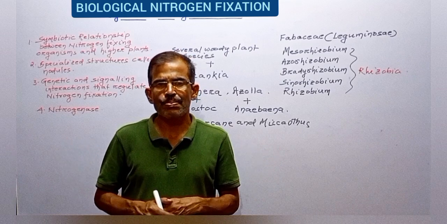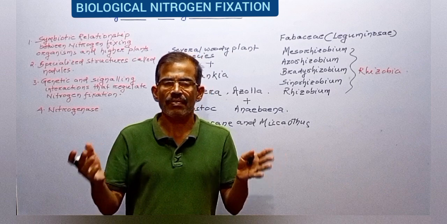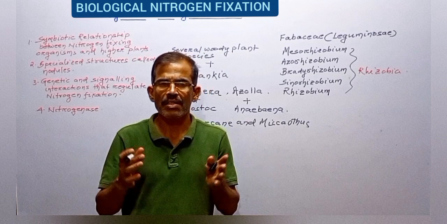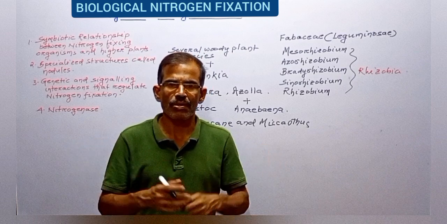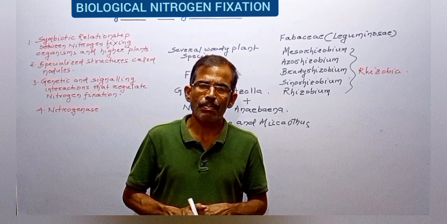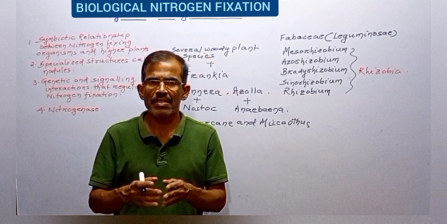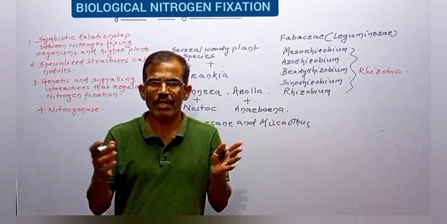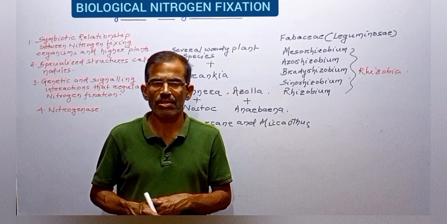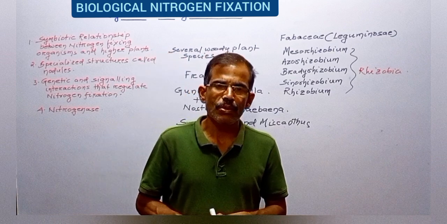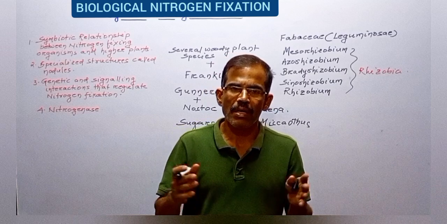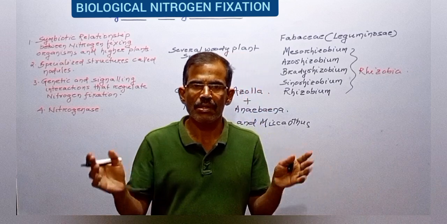It contains specialized sites that facilitate the high energy exchange of electrons. Oxygen, being a strong electron acceptor, can damage these sites and irreversibly inactivate nitrogenase. Hence, nitrogen fixation must occur under anaerobic conditions.